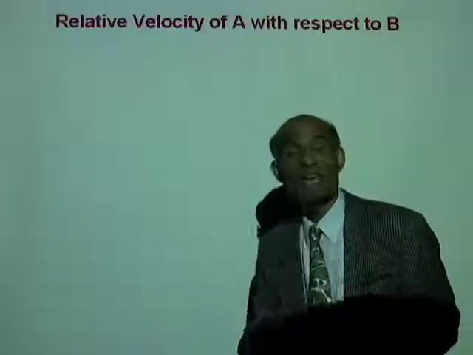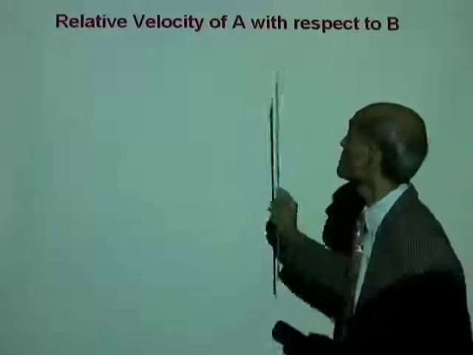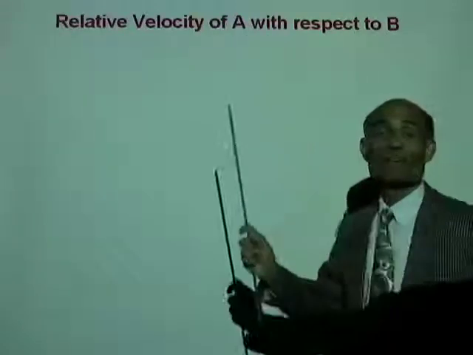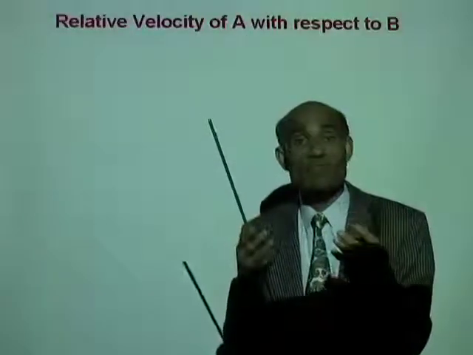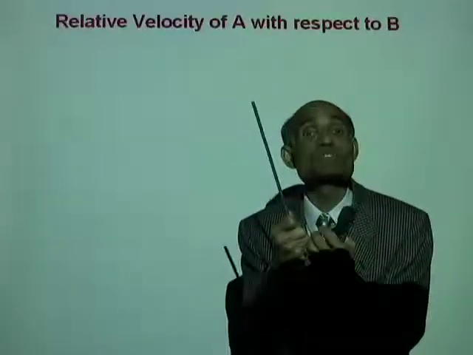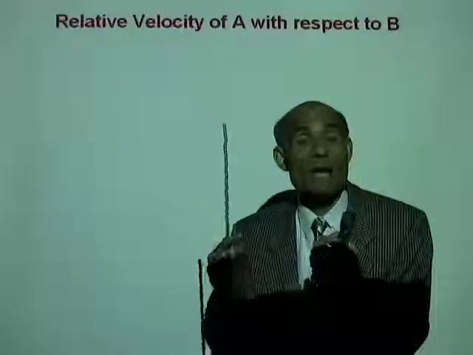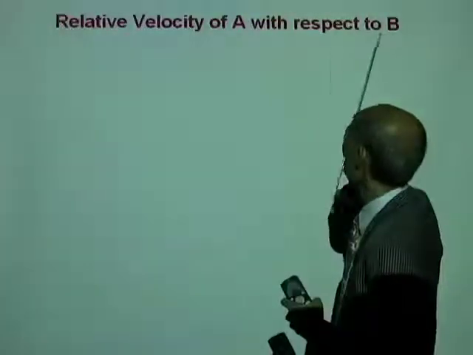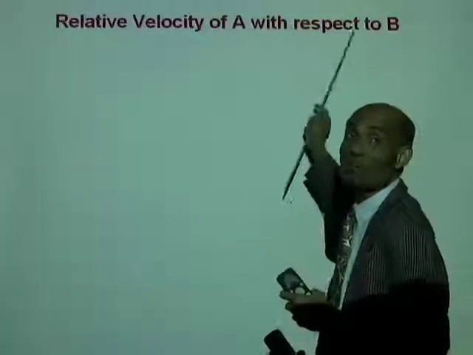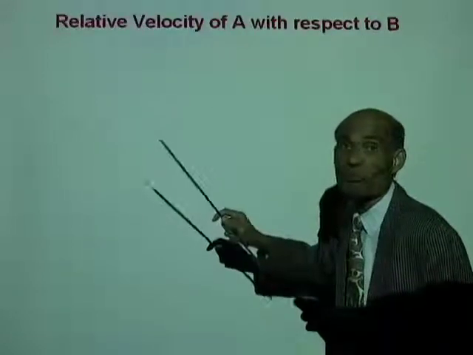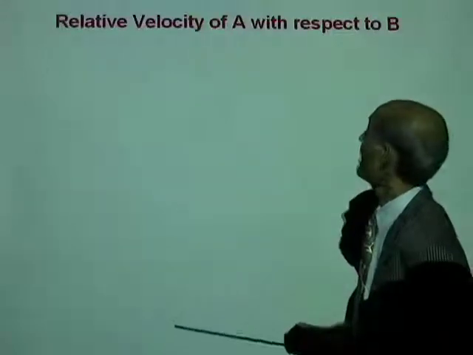Now, what did we say in our animation there? To measure the velocity of A with respect to B, you see, whichever frame of reference you are using, you need to bring that frame of reference to rest by applying an equal and opposite velocity to both objects. So if you want to measure the velocity of A with respect to B, you got to bring B to a stop. Alright, let's write that down.